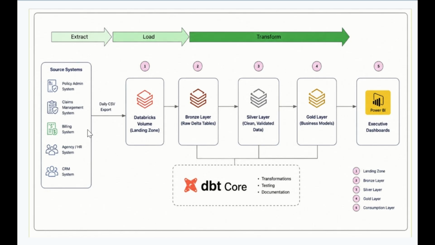After our data is in the bronze layer, we are going to take this data from the bronze layer and do data cleaning, where we correct the data types, deal with the null values, standardize the date formats, and all those kinds of things. We are going to put that data transformation into this layer called silver.